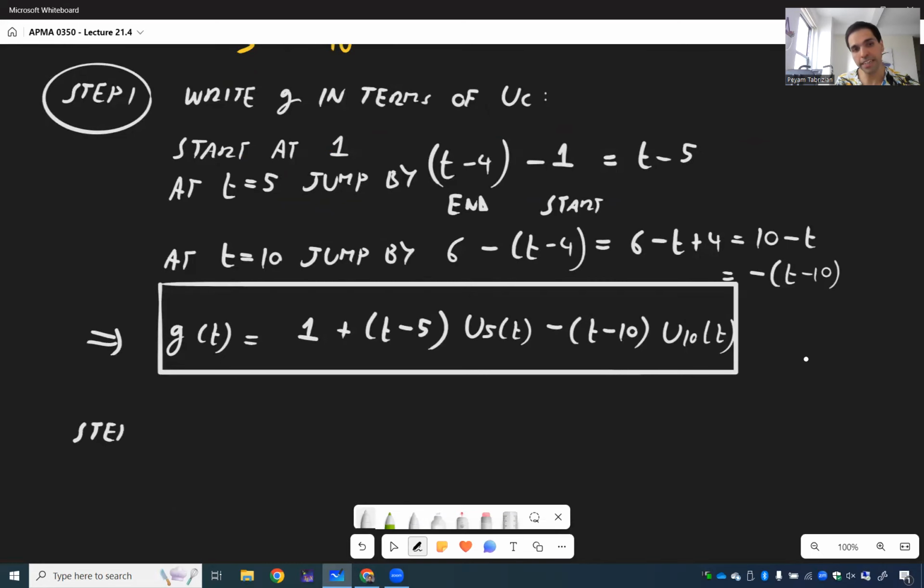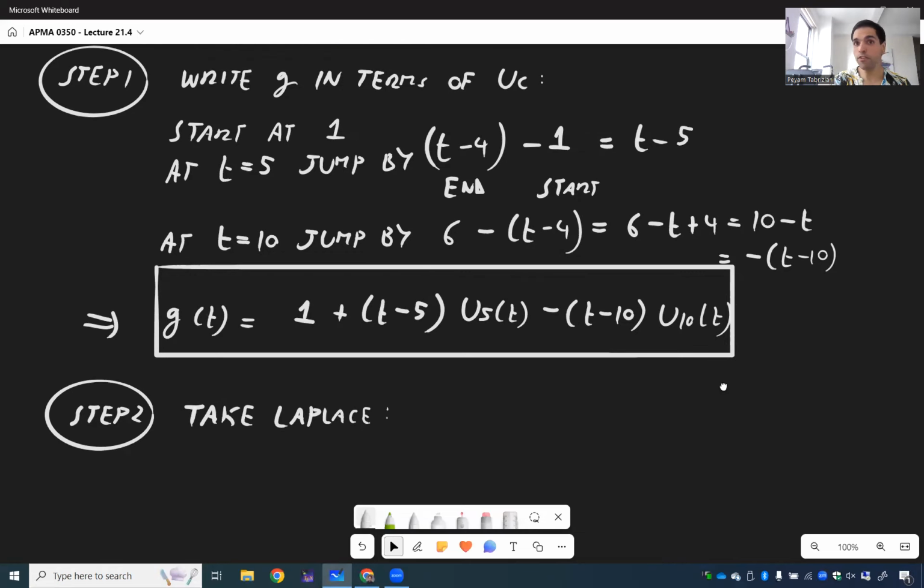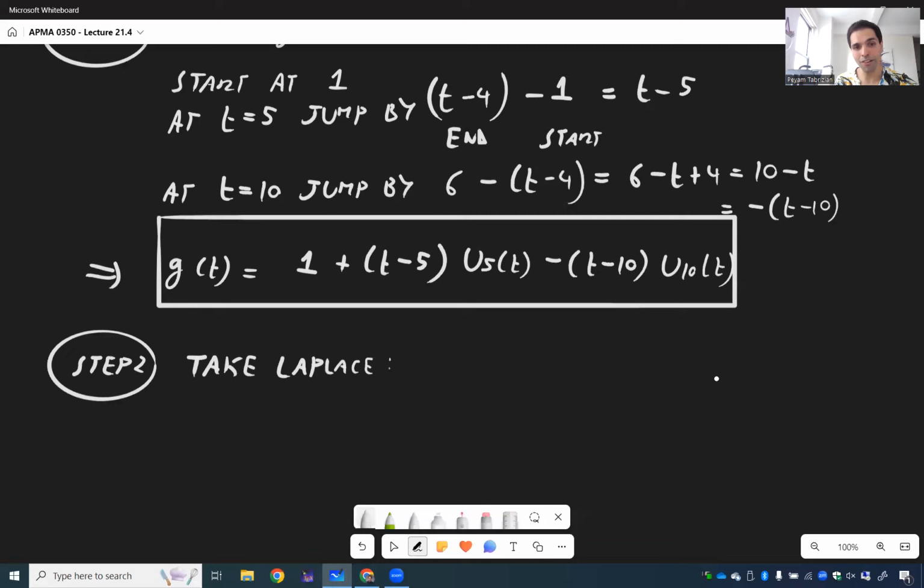So once again, take the Laplace transform. And I would like to remind you of the formula we just covered.